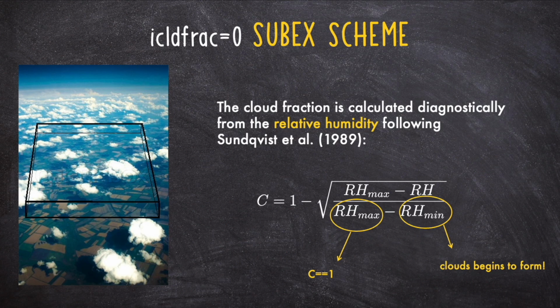As mentioned before, large-scale relative humidity is the most frequent predictor for determining the cloud amount in existing diagnostic parameterizations. However, this scheme allows situations where one could have cloud liquid without having any cloud.